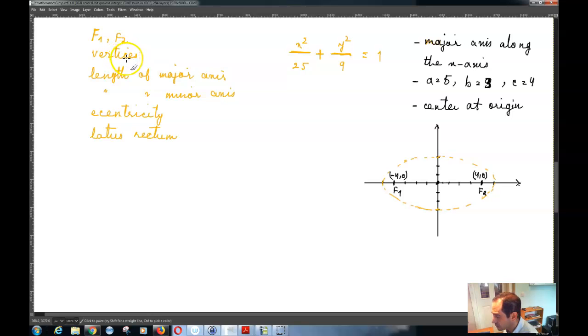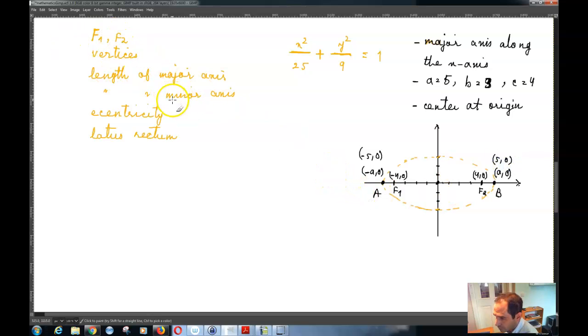Now the vertices are at the far ends of your ellipse, meaning that this is vertex A and this is vertex B. So this vertex is at negative a comma 0, and this vertex is at a comma 0, which is basically negative 5 comma 0 and 5 comma 0.